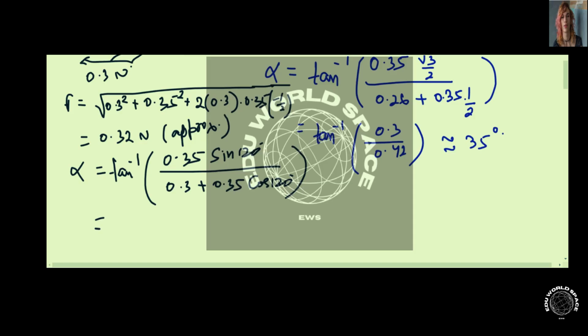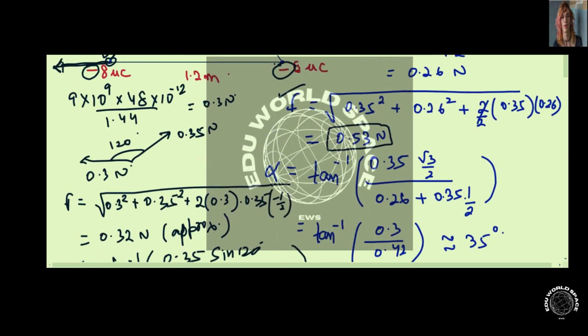So 0.35 times 1.732 by 2. We get 0.3 again. And in the denominator, we have 0.47 again. So this again comes out to be roughly 35 degree. So this will be the direction of the resultant force, and this will be 35 degree approx.